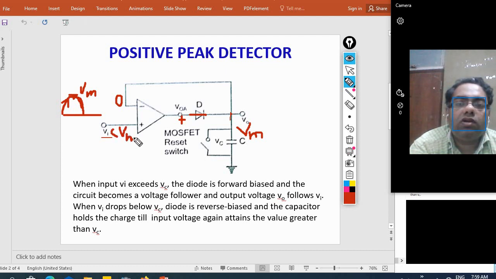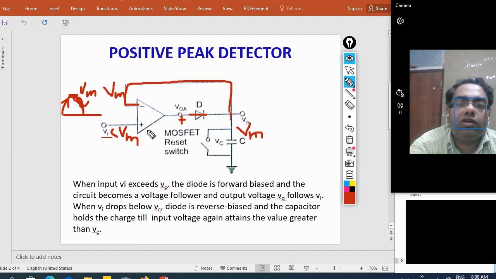Now if this is Vm, this is connected. That means now it is not 0, it is now Vm. But the input voltage has become less than maximum, it has come down. So in this case, the voltage at the inverting input is more than the input at the non-inverting input.